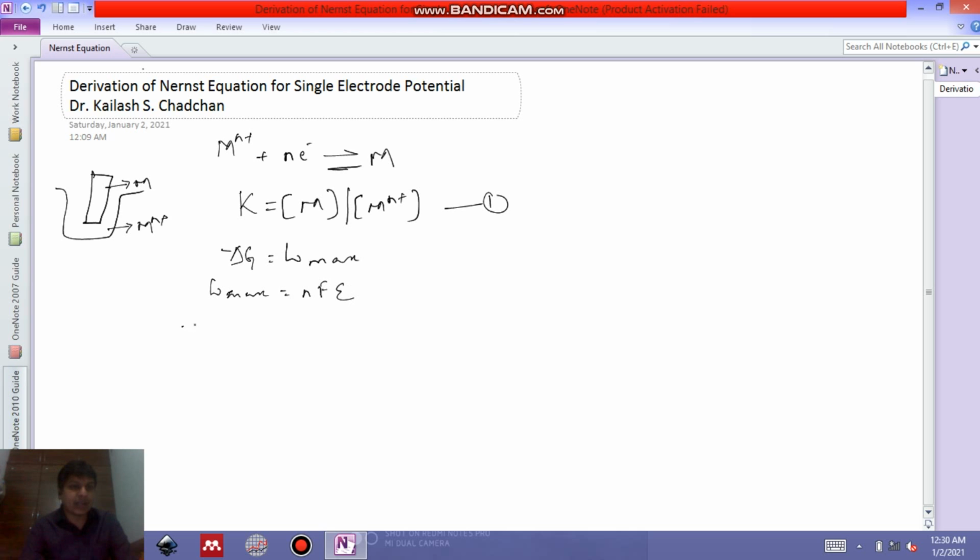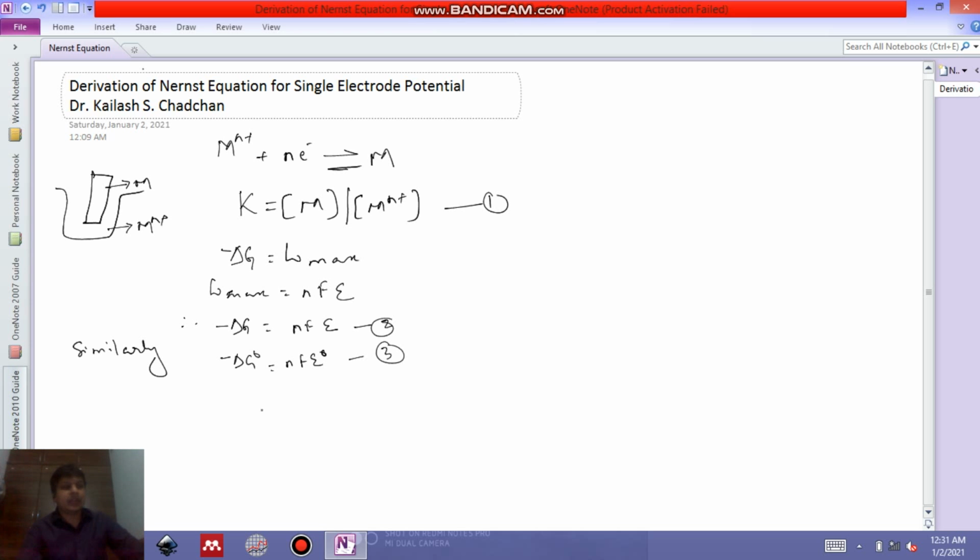Therefore we can write minus delta G equals nFE. Similarly, for standard conditions, we can write minus delta G naught equals nFE naught, where G naught is the standard free energy change and E naught is the standard electrode potential value of the electrode. We shall mention this as equation number 2 and this as equation number 3.